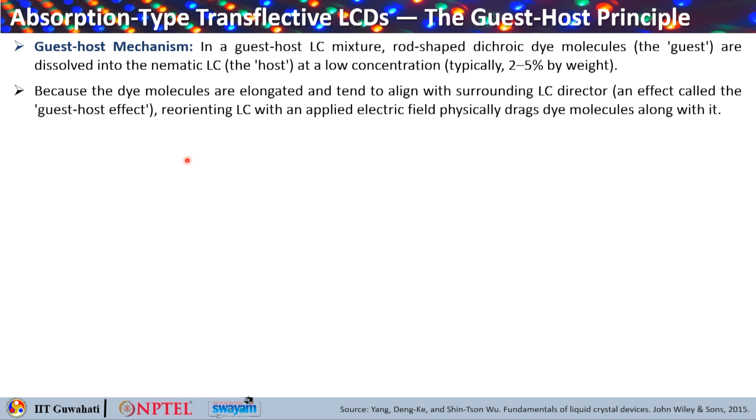Now because these dye molecules are elongated, they tend to align with the surrounding liquid crystal director. So this kind of effect is called the guest host effect.